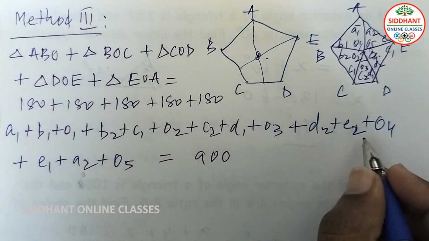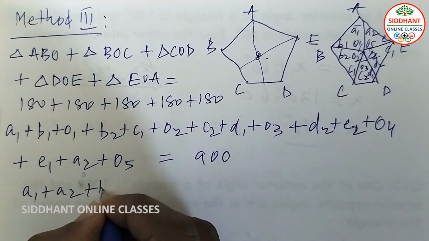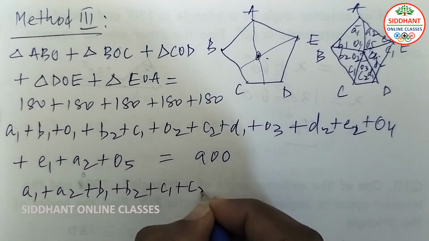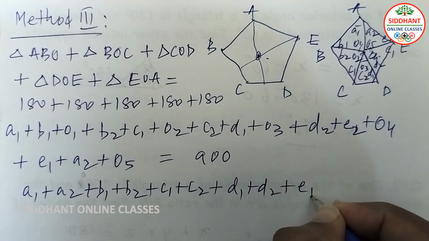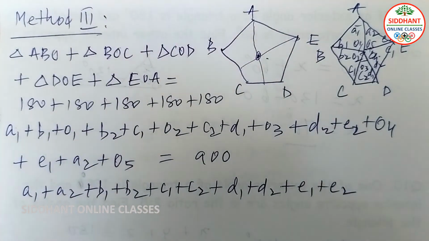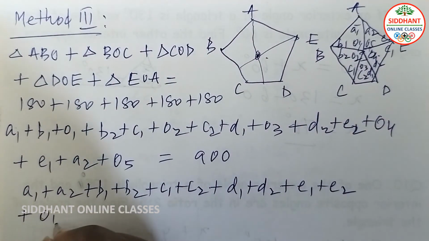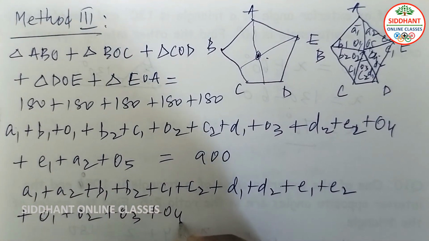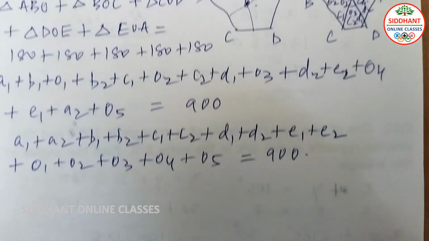Now we are going to segregate here A1 plus A2 plus B1 plus B2 plus C1 plus C2 plus D1 plus D2 plus E1 plus E2. And also O1 plus O2 plus O3 plus O4 plus O5. So that will be equal to 900 here.